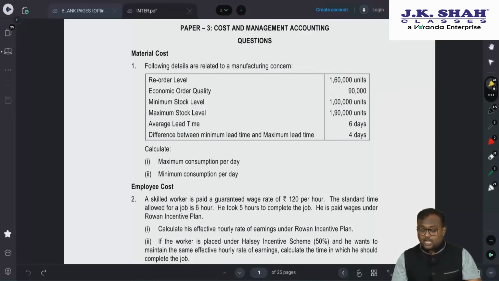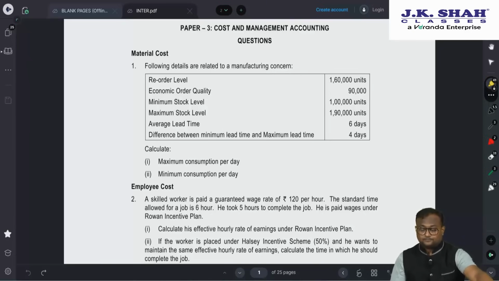Minimum stock level is 1 lakh units, maximum stock level is 1,90,000 units, average lead time is 6 days. Difference between minimum lead time and maximum lead time is 4 days. And we are supposed to find out maximum consumption per day and minimum consumption per day.